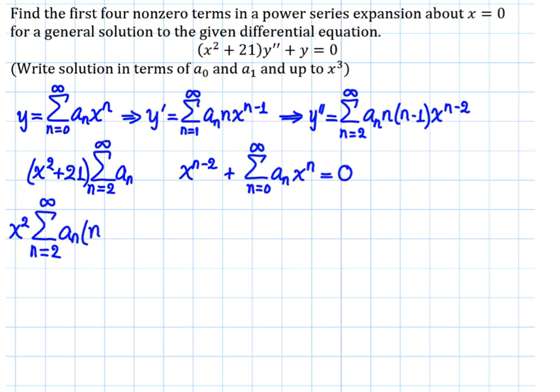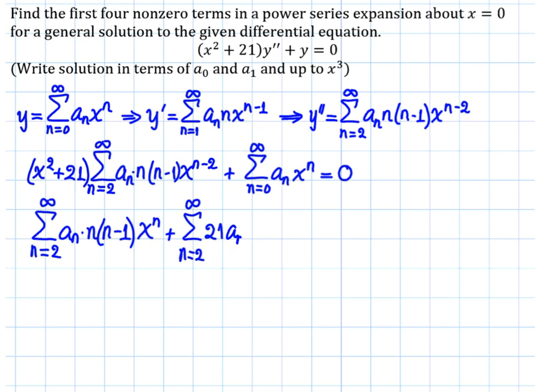That is the second derivative, a sub n times n minus 1, sorry. We multiply by x squared, and that becomes just x to the n power. So I'm just going to say x to the n power when we multiply by x squared. And then when we multiply 21, I'm just going to write 21 inside of the summation: a sub n times n minus 1 x to the n minus 2, and then the series for y.